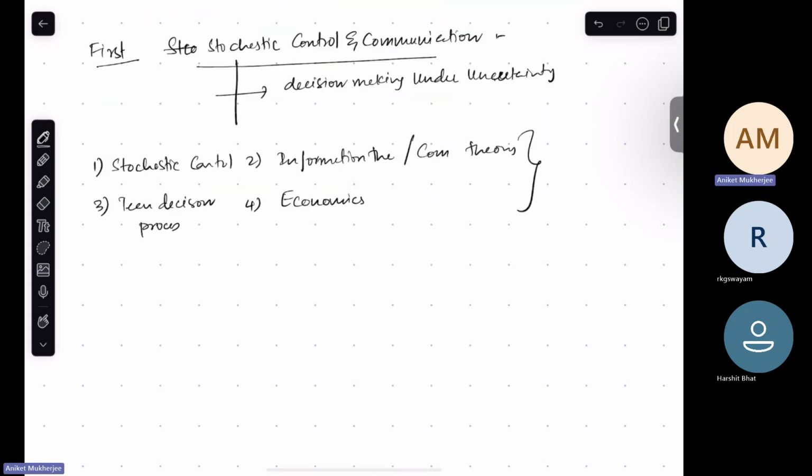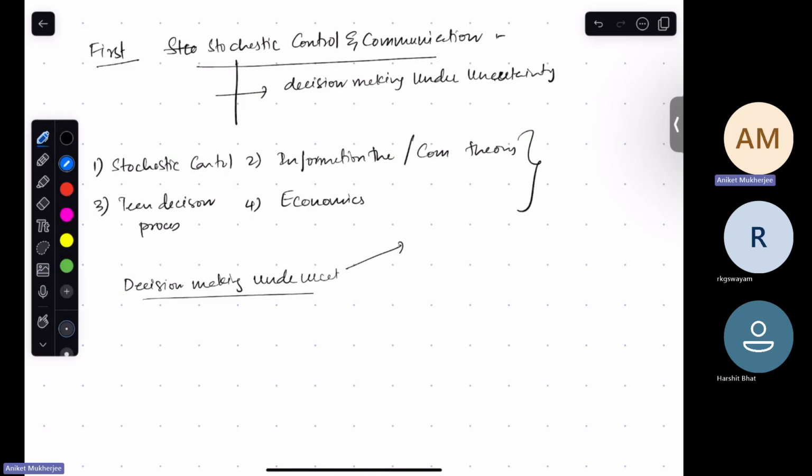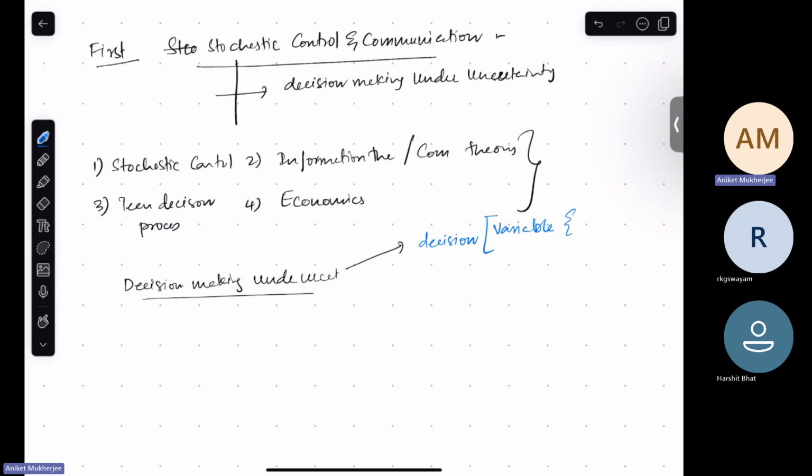Whenever I say I am a decision making entity, taking decisions under uncertainty, I have two things. One is I have to take a decision. This decision is basically a variable from some set of parameters or alternatives that you can have.